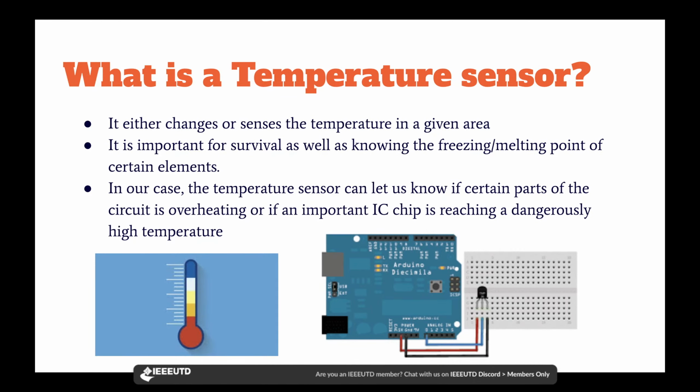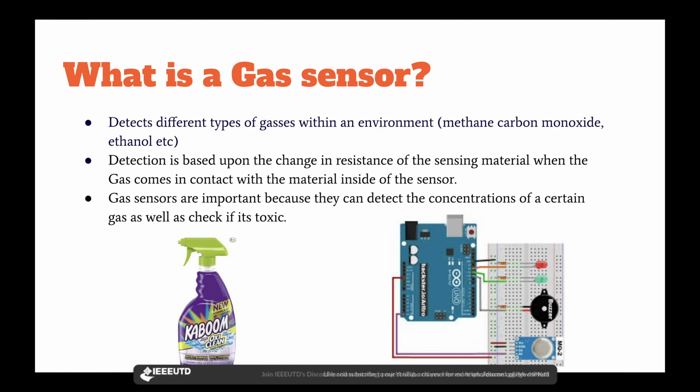So how you could use this is, let's say you turn your kitchen stove on and it's gas powered, but you didn't turn it off completely all the way. If you have a little circuit with the gas sensor and you program it, you could have a buzzer wired up to it and it can make a noise if there's too much methane or butane coming out of your stove because you didn't realize you turned it on. So that's an application you could use.